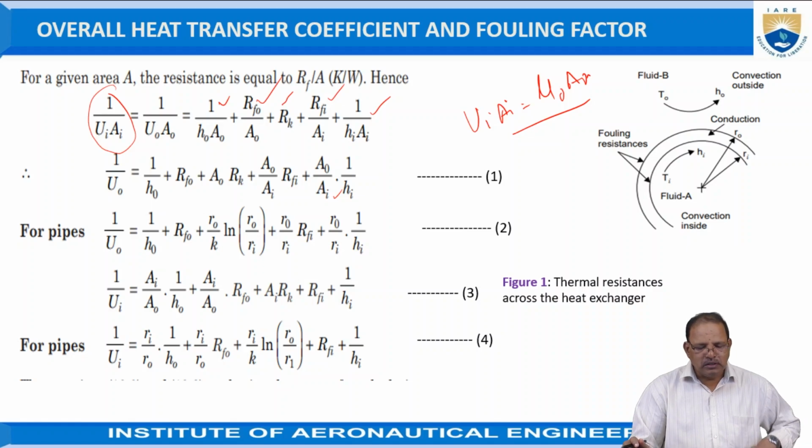Okay, for the pipes, it can be written for internal and outside as 1 by U I equal to A I into A naught. When we are taking a pipe, we can write it like this.